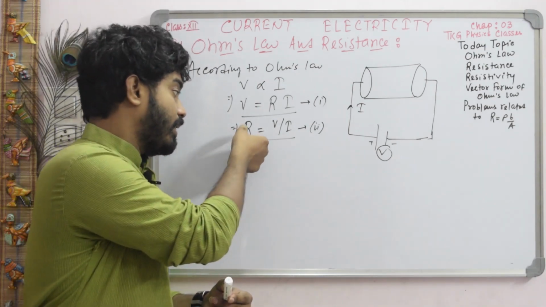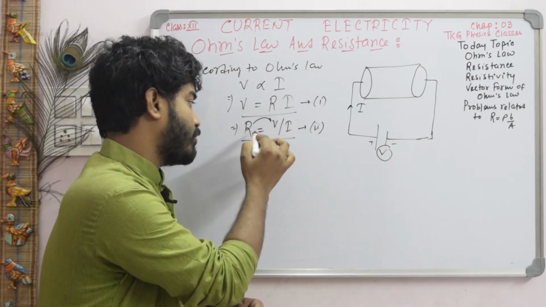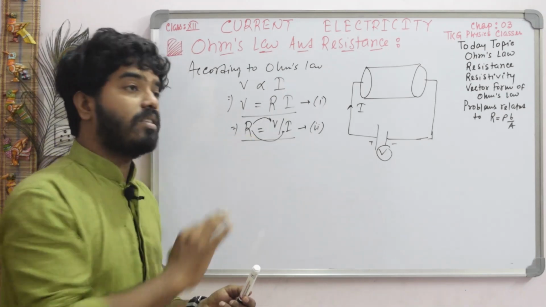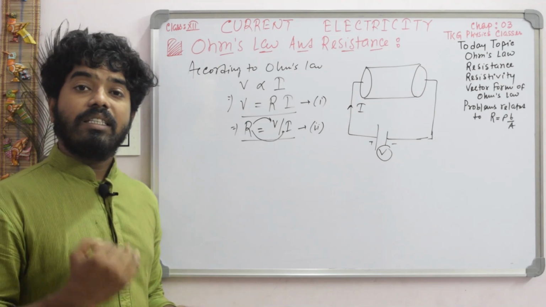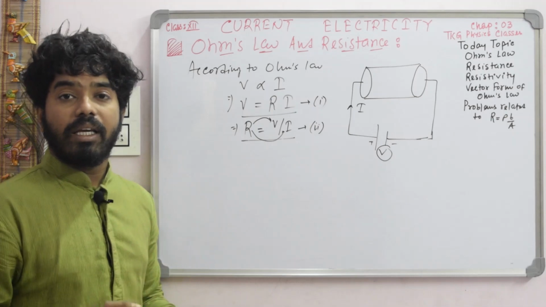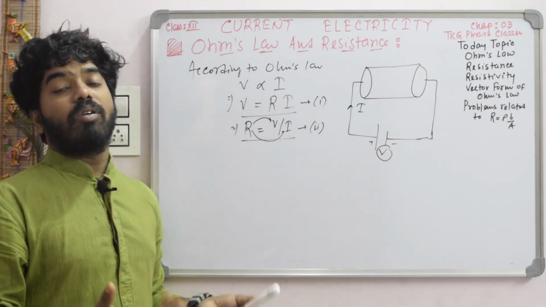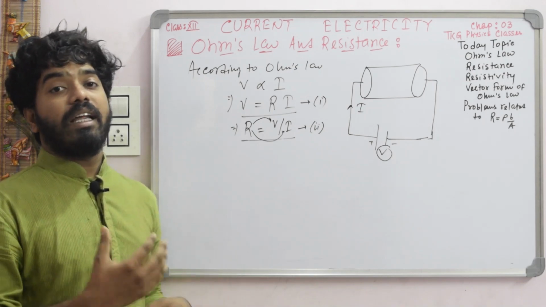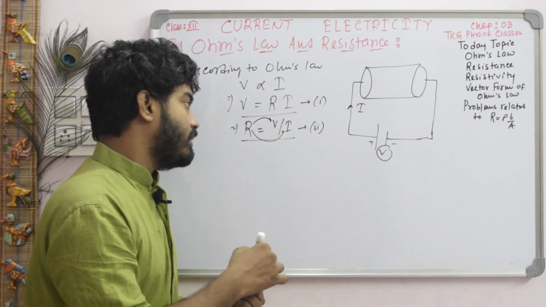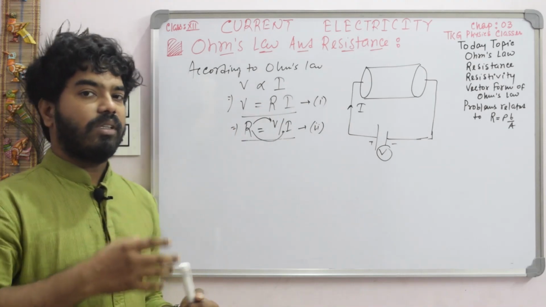Now according to the equation, you can say R is directly proportional to V and inversely proportional to I, but no, this R, this constant, is a property of a material, and this property is independent of V and independent of I. It depends on the nature of the material, the nature of the conductor. It depends on the length and area of cross section of that conductor. So R doesn't depend on V and I. And R is called the resistance.